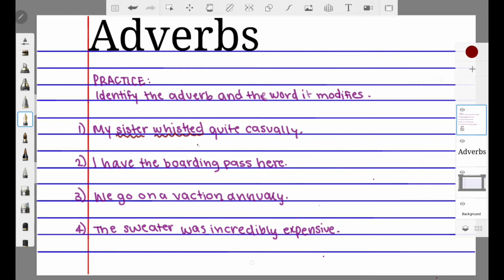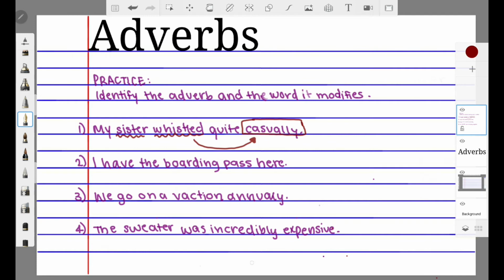Whistled is our verb in this sentence, and it is modified by casually. It is casually whistled. So one adverb in our sentence is casually, and it modifies the word whistled.